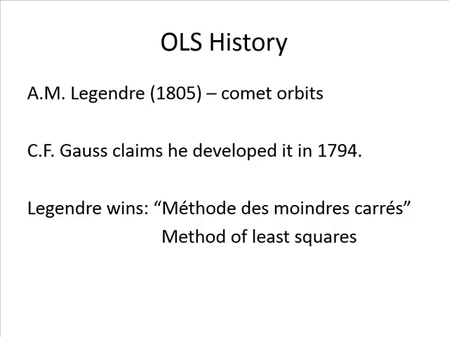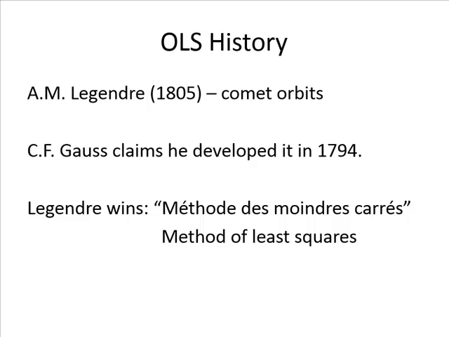And he says that he actually developed this method in 1794 in a working paper that, this is so easy, I don't even need to publish this. And so you have two people that are claiming to have invented a method. Legendre wins because he had the better name for it. It's the method of least squares.